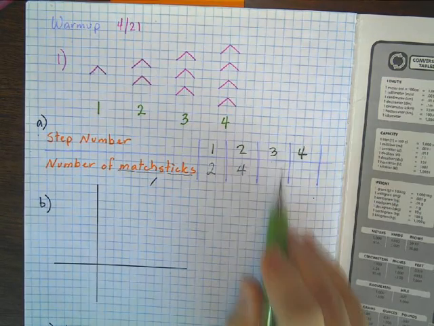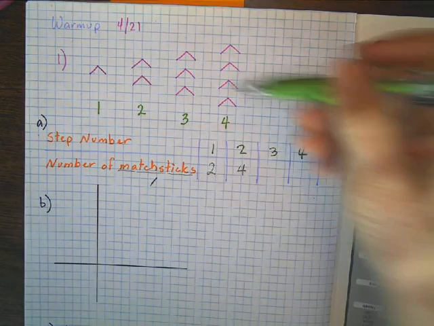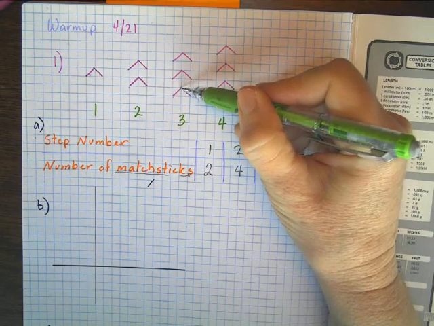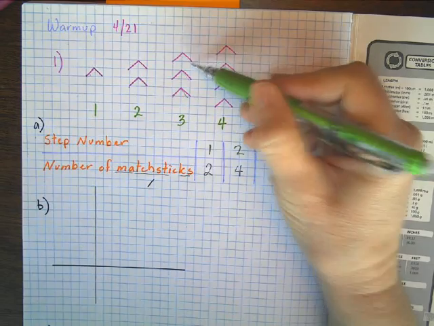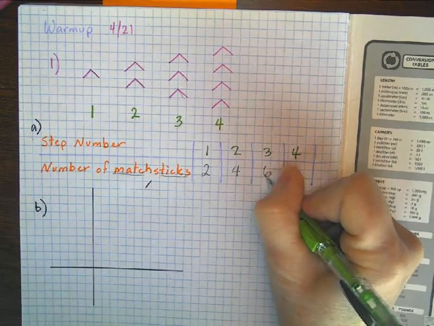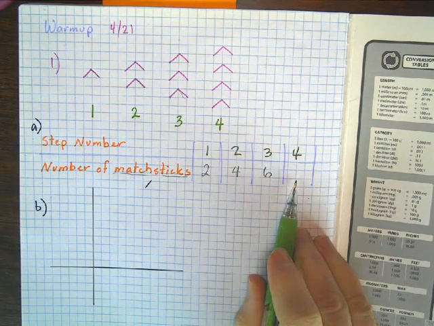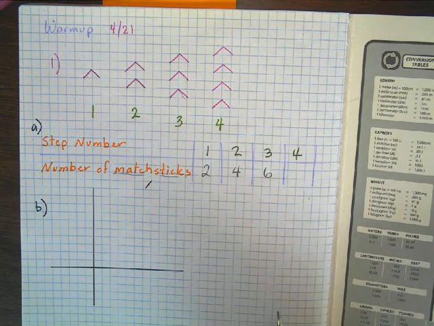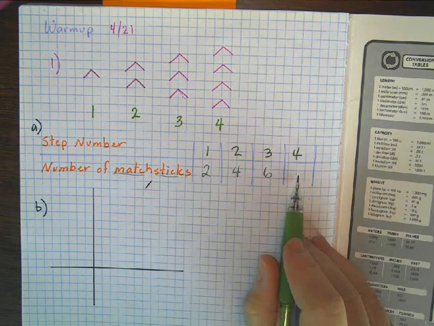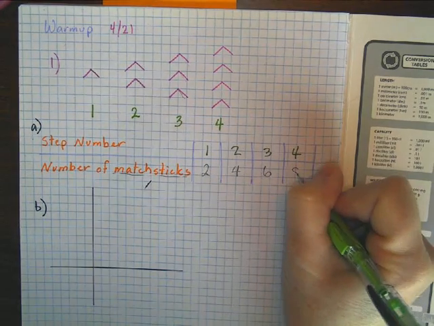And for step 3, there's 1, 2, 3, 4, 5, 6. Now, we can probably guess how many are in the 4th one, or you can probably just look at it now that you have the idea. So what's the pattern? What's going on here? There are 8.